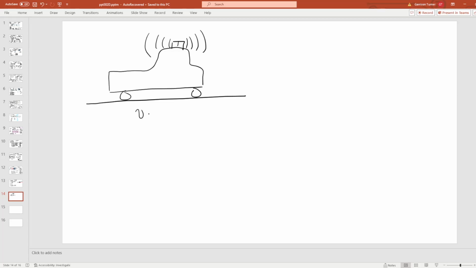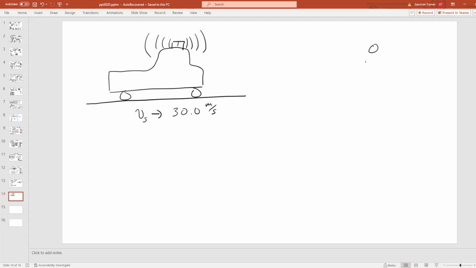And it is moving with a velocity of, let's say, 30 meters per second, a little bit over 60 miles an hour.